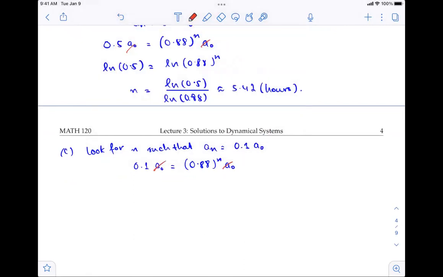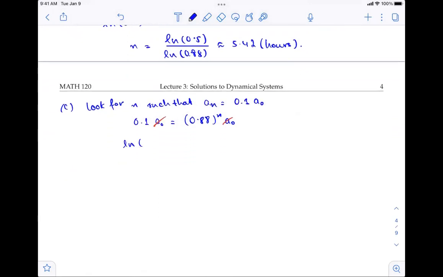You cancel out a0 on both sides of the equation, and then take ln on both sides, and n is equal to ln of 0.1 divided by ln of 0.88, which is approximately equal to 18.01 hours.